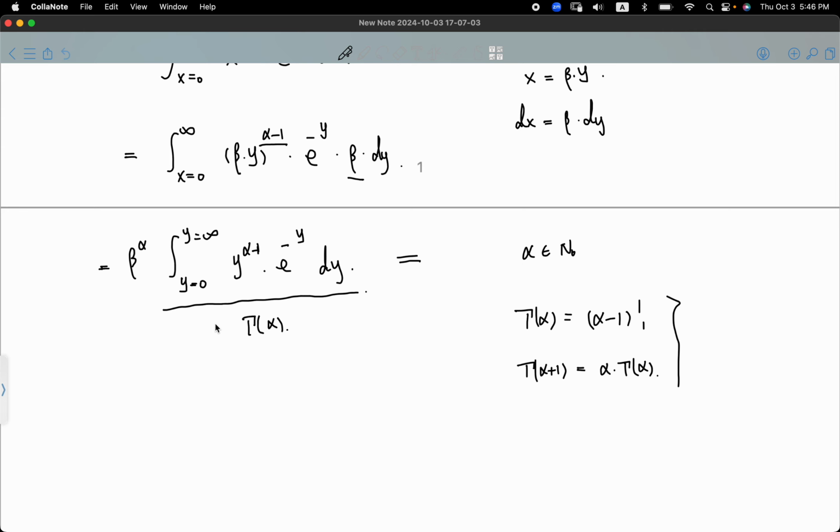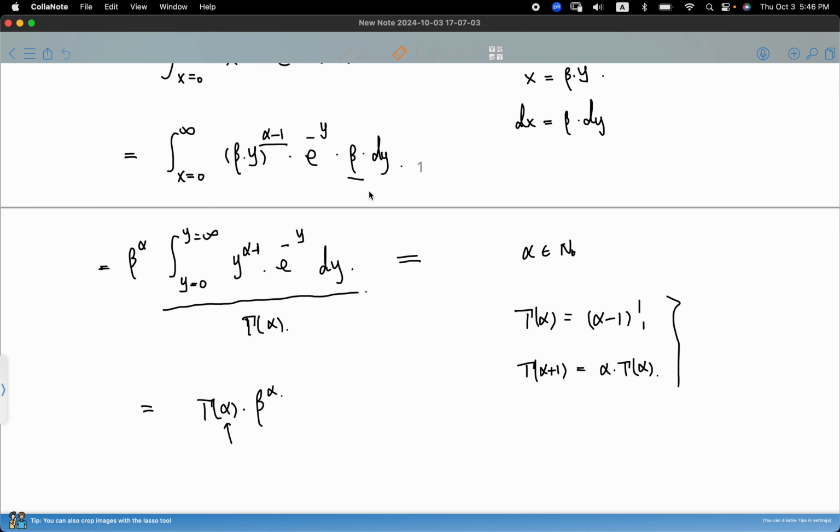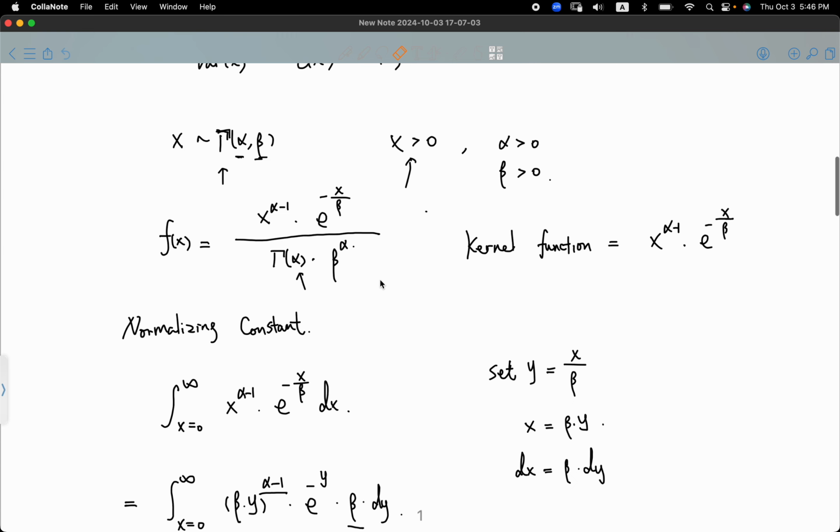Then this integral here is essentially the definition for a gamma function, and this part reduces to the gamma function evaluated at alpha, and then you have a copy of beta raised to the power of alpha. And this is essentially what you see in the definition for a gamma distribution, which is just this denominator.